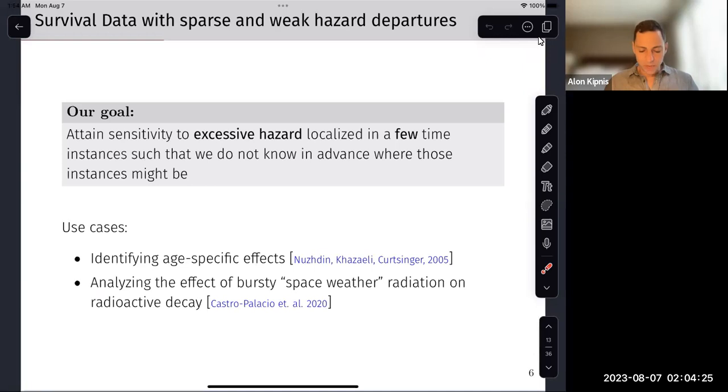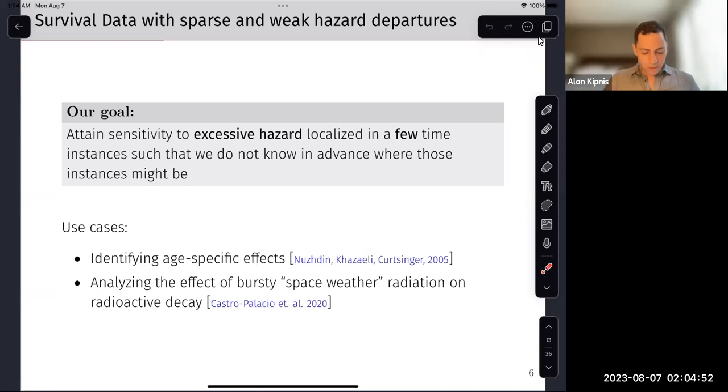More specifically, you can think about a situation where you're looking at survival data and you try to identify age-specific effects. Perhaps a particular factor affects the risk in the life of some individual, but only at a specific age or specific age groups or some intervals of ages.